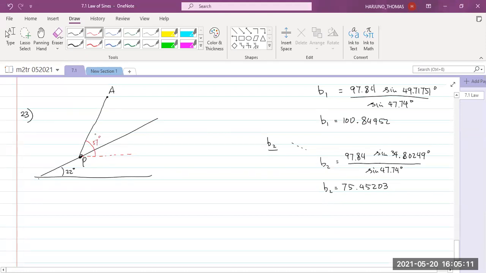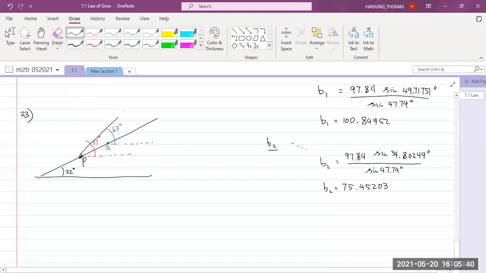And then from point Q, let me use Q here. That's 63 from the horizontal. Angle of elevation 63. This is 63, which doesn't look like 63, to be honest with you. Let me change that.